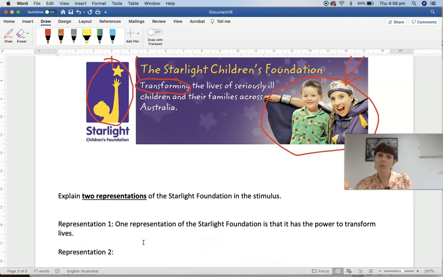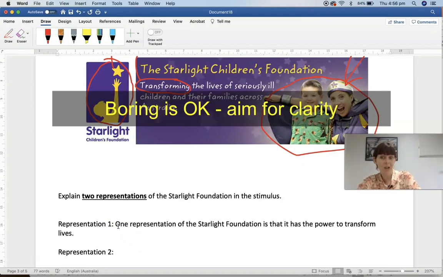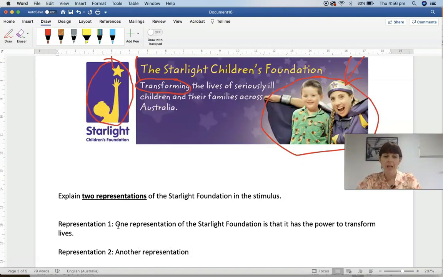You could do something about superheroes, or you've got the other option over there of reaching for the dreams. So I'm actually going to do, very boring in my style of writing, another representation of the Starlight Foundation is, maybe I'll merge those two ideas and make them one cool idea.